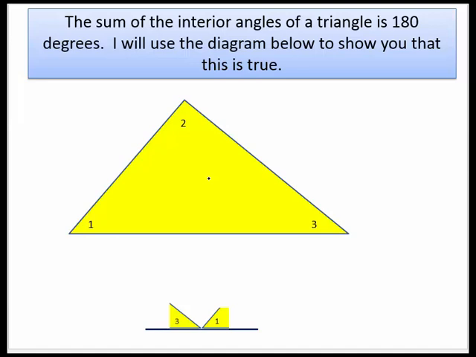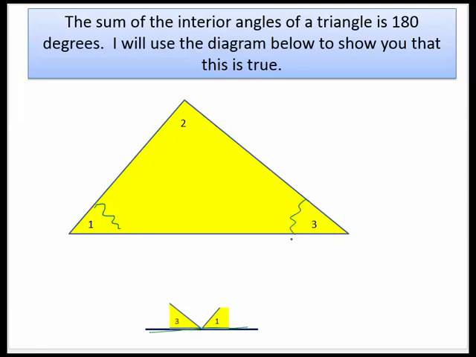And I have 3 minutes, so the last thing we're going to learn here is this. The sum of the interior angles of a triangle is 180 degrees. In fact, I always did this in my geometry classes. I'd have my students cut out a triangle, and then I'd have them rip off angle 1 and set it on a line down here on a point. I'd have them put the vertex on a point.